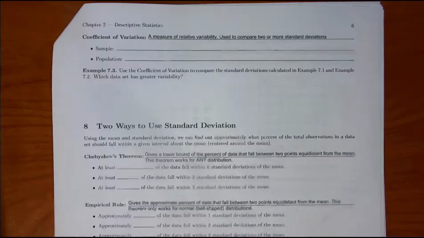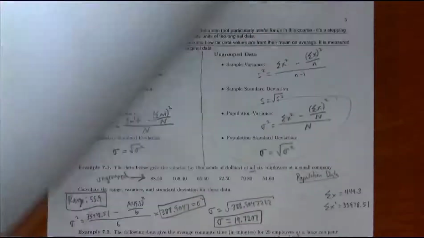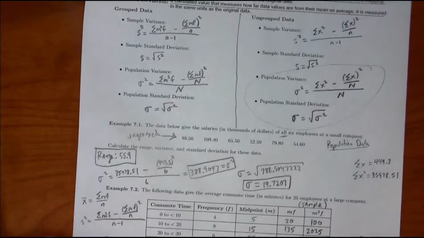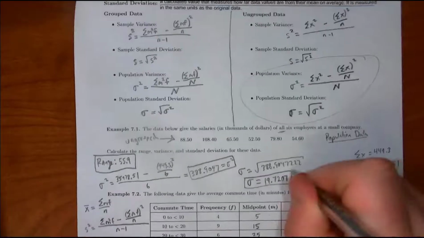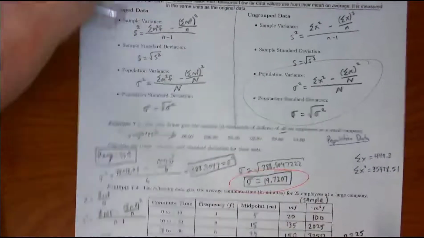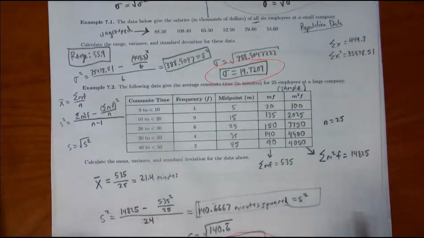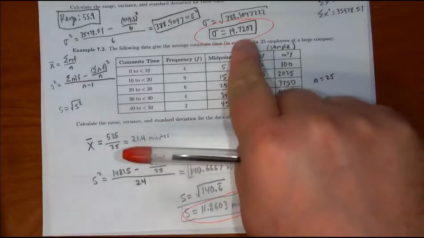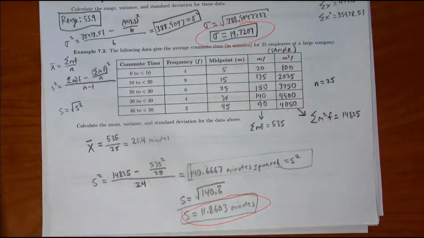Okay, let me flip back to the previous page real fast. We've calculated 2 standard deviations. We have calculated this one, and we have calculated this one. However, you can't just say this standard deviation. Okay, let me back up in just a minute.